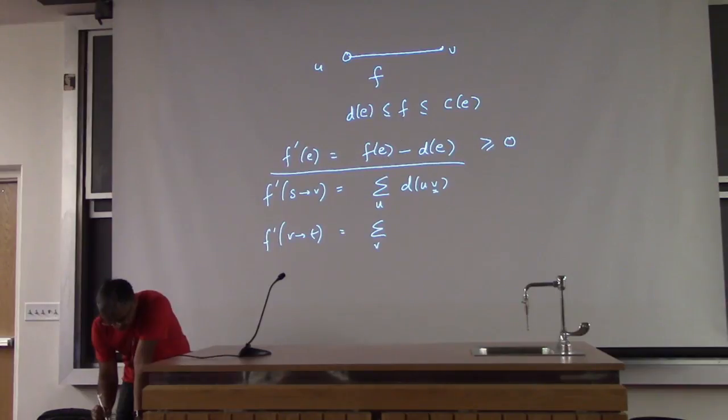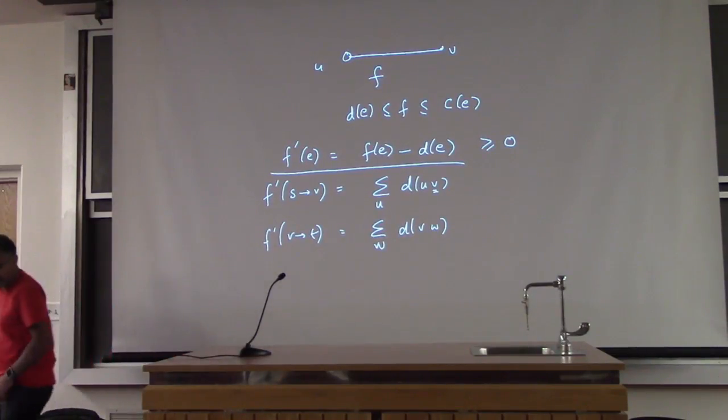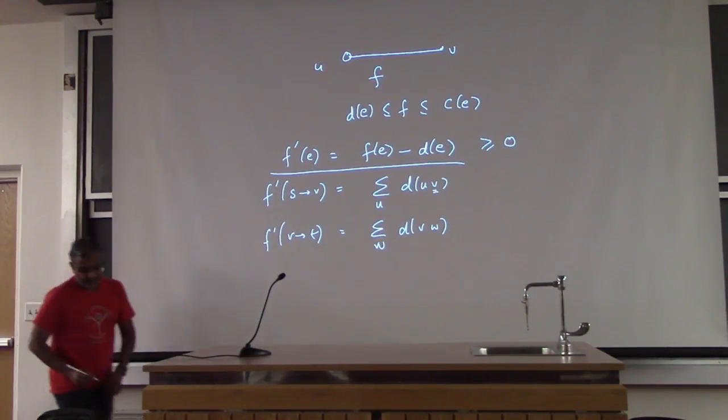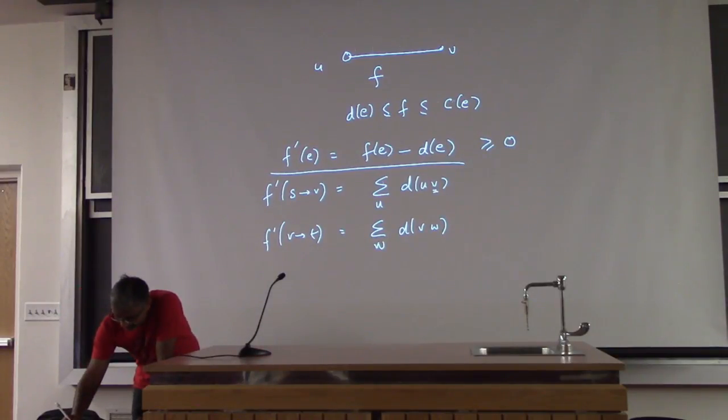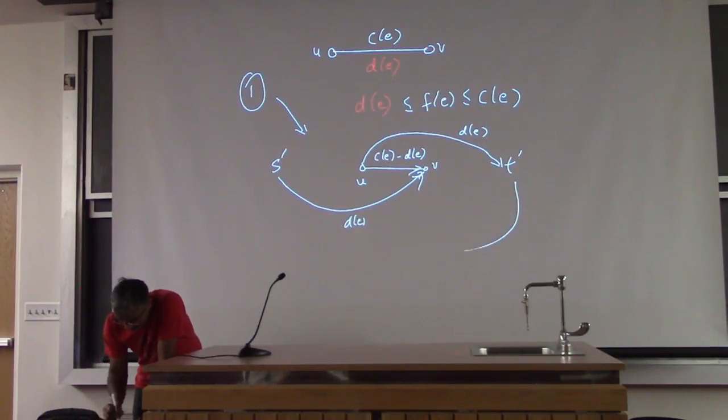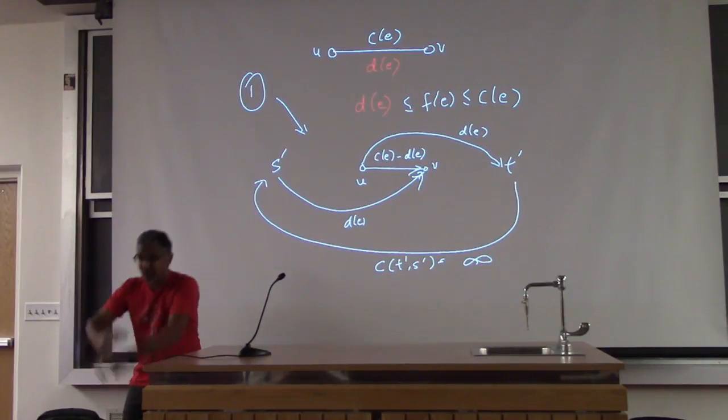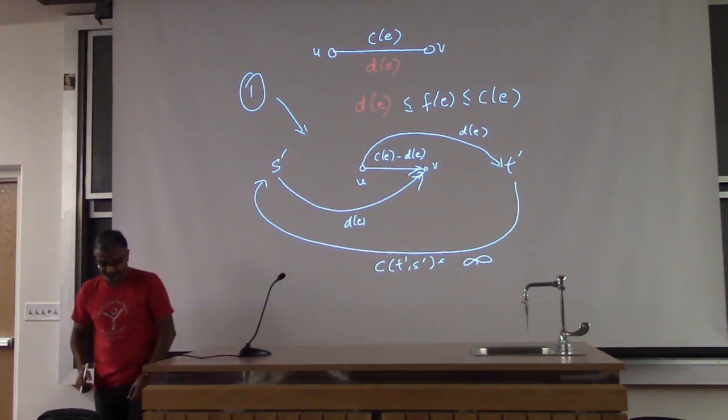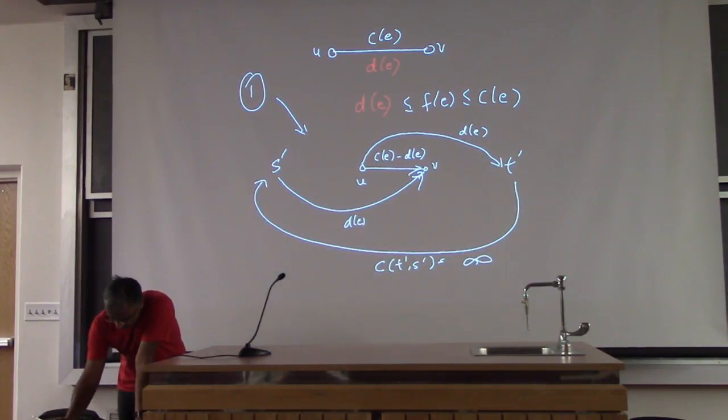And similarly for this, I'm going to say this is all the... and remember that in my previous example, I also had one super edge going back from S to T. So it's a huge pipe going back.